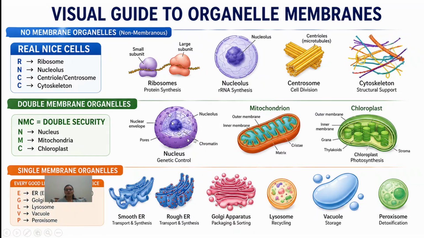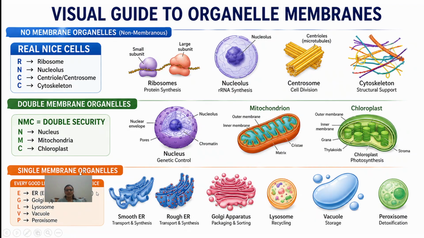Now, whether organelles have a single membrane, no membrane, or a double membrane. Which organelles do not have a membrane? They are ribosome, nucleus, centrosome, and cytoskeleton. The double membrane organelles are nucleus, mitochondria, and chloroplast.